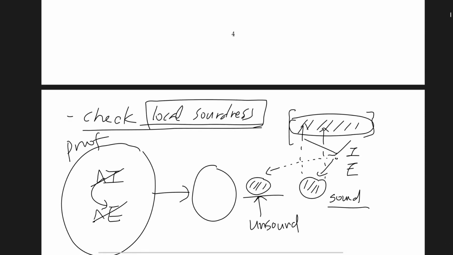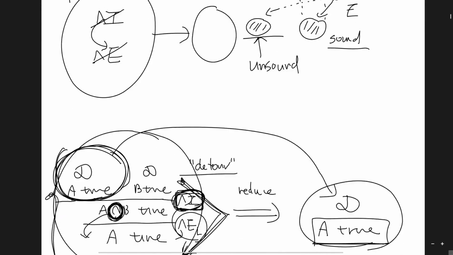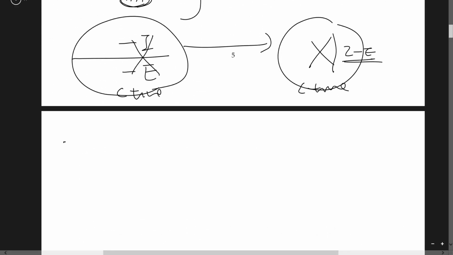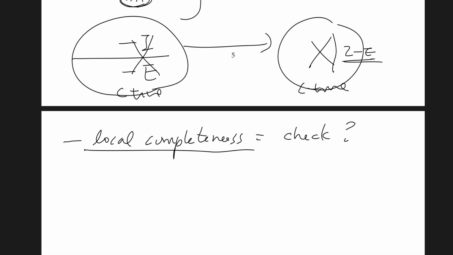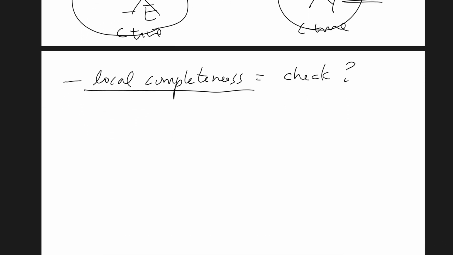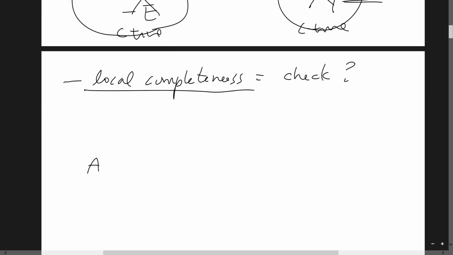And how do we check the local completeness property? Here we take precisely the opposite approach. This time, we start with a derivation tree involving a particular connective, for example, A conjunction B true.